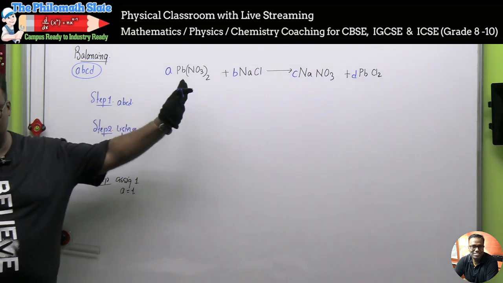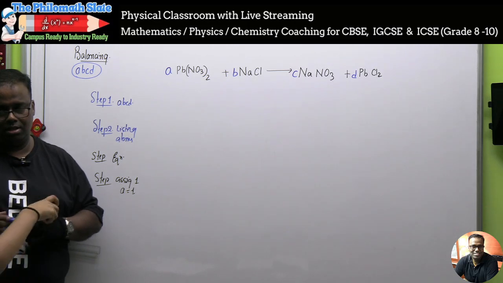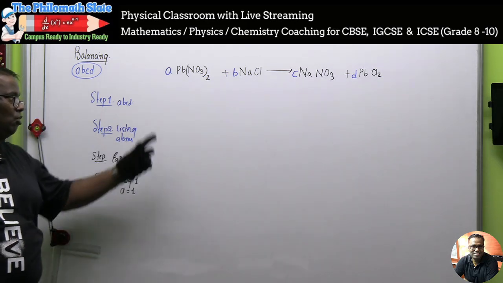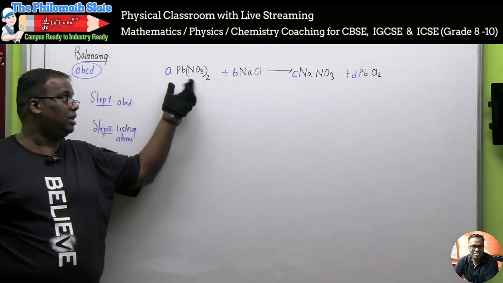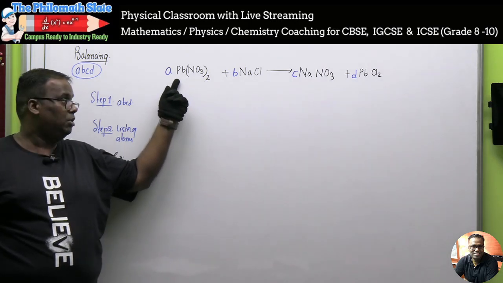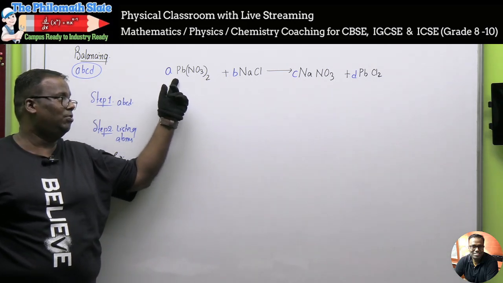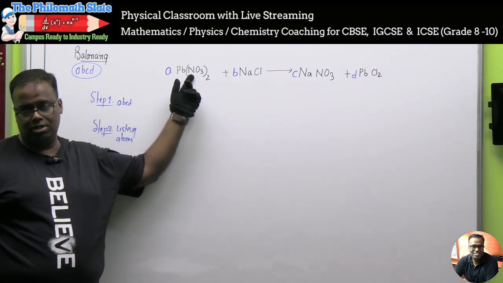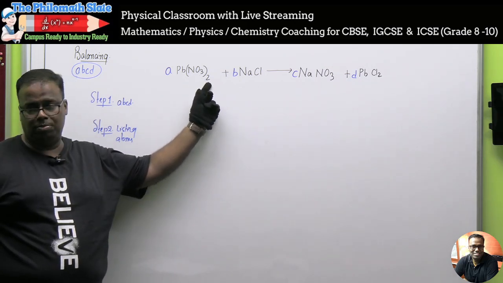First step. How do you read lead nitrate? Okay, one molecule of lead nitrate, this is the simplest molecule of lead nitrate, contains one atom of lead because the 2 doesn't have a bracket jurisdiction over lead. Just look here, one atom of lead, two atoms of nitrogen, and 2 into 3, 6. This 2 is like a parental property.